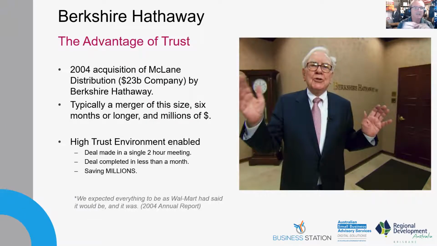An acquisition of that size would usually take months and cost heaps. It would be millions of dollars of due diligence, making sure the T's are crossed and the I's are dotted. Typically a merger of this size takes six months or longer, and millions of dollars.